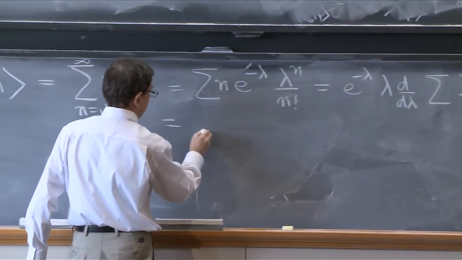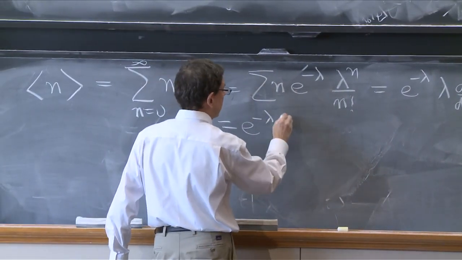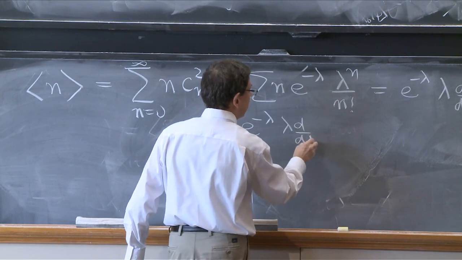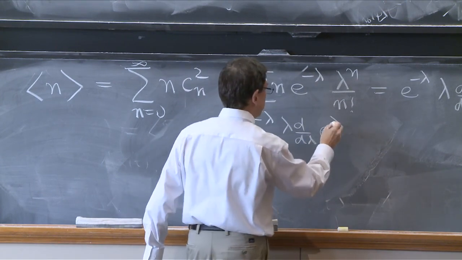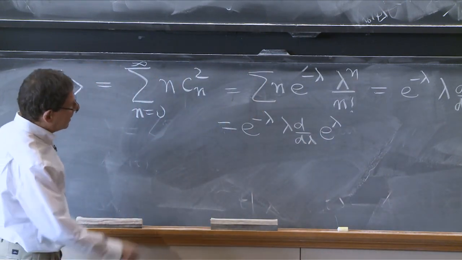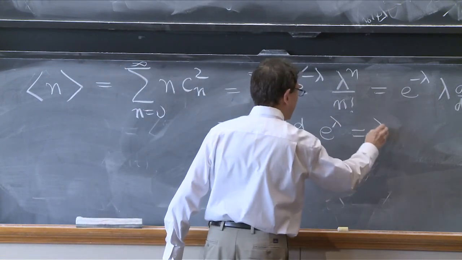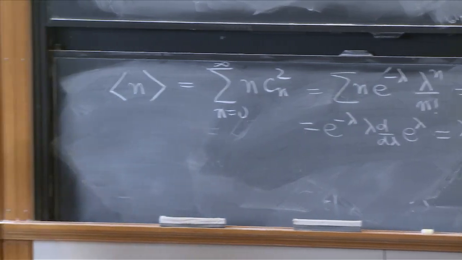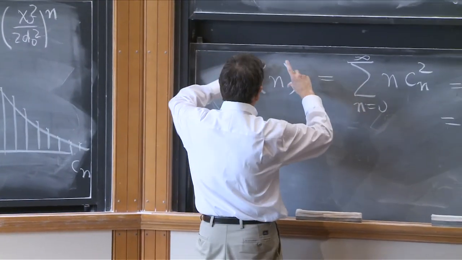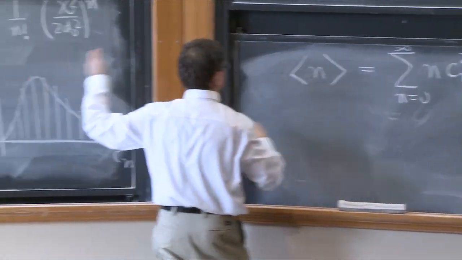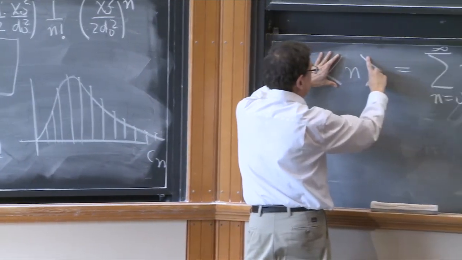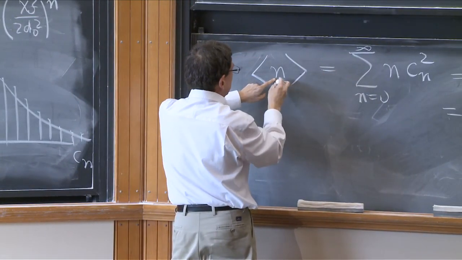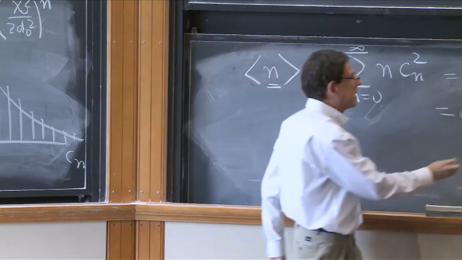So here you get e to the minus lambda, lambda d d lambda of e to the lambda, and that is lambda. Okay. So the expectation value, not the peak, but the expected value of n in this distribution, the level that you're going to be excited, is basically lambda.